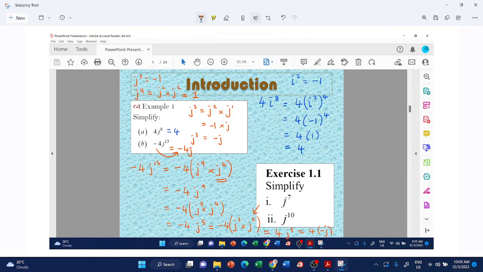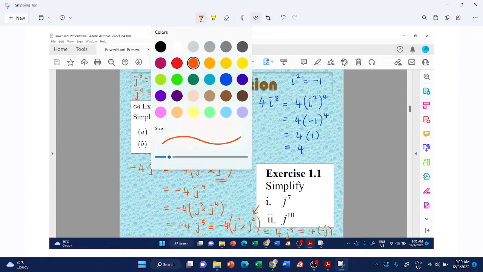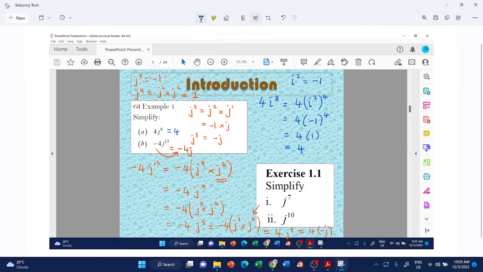Dekat 4J3 and J2 ni dapat tak? Kenapa? Ya, dekat arrow ni. Dapat tak? Macam mana? This arrow.